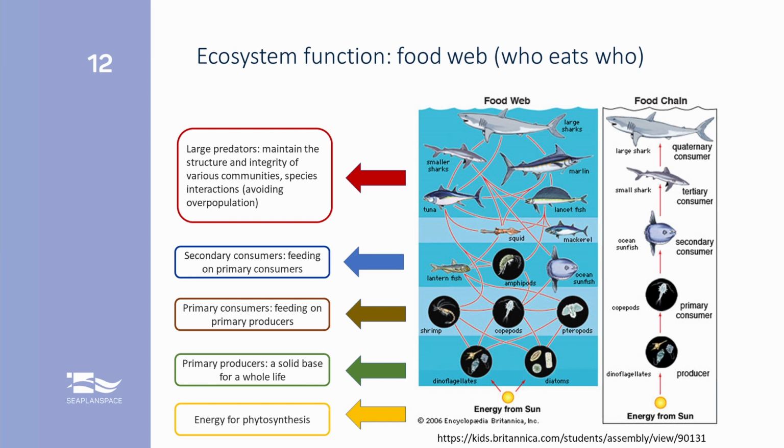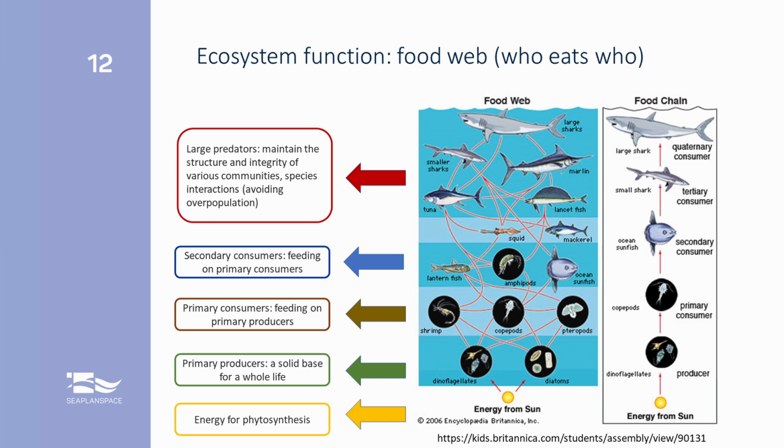It can be from the very bottom, which is solar energy coming from the sun. Then we have algae, various algae species, sometimes also macrophyte species. Then we have the primary consumers, then the secondary consumers and tertiary consumers, the final consumers, which are at the top of the food chain.